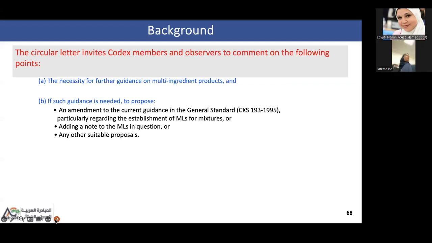In regard to multi-ingredient products, if there is a need for further guidance, we proposed an amendment to the current guidance in General Standard CX193 or add any remarks on maximum levels or other additions or proposals.